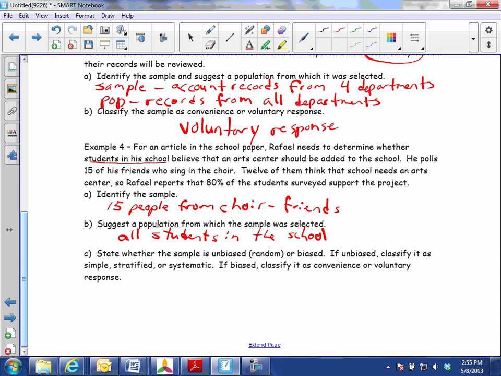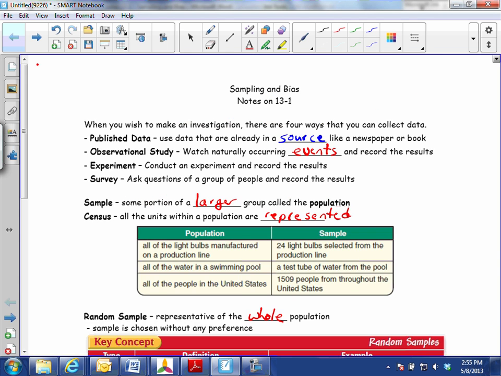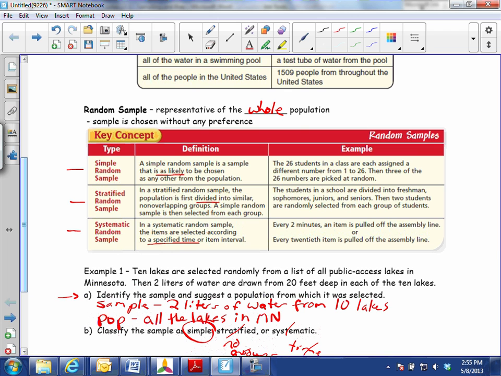What if we took one from the choir, one from the science department, one from the math, and so on? That would be much better. If it were random people, it wouldn't be biased. If he grouped them first and then picked them out, that would be stratified, so it would be unbiased then.